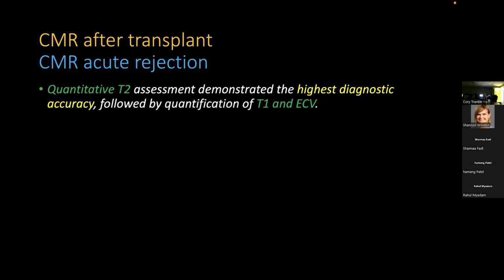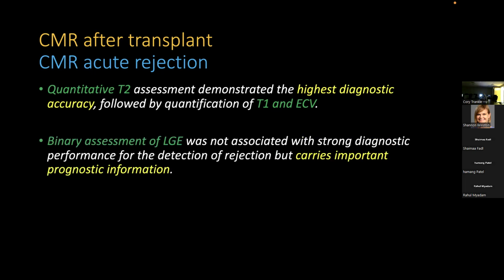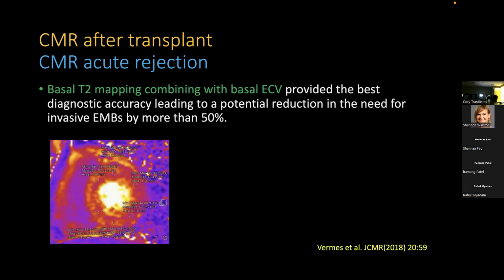It's more accurate for detection of rejection, and then it's followed by the other parameters. The LGE was not used for the diagnosis of rejection, but it carries prognostic information. The presence of LGE does not mean that there is acute rejection.